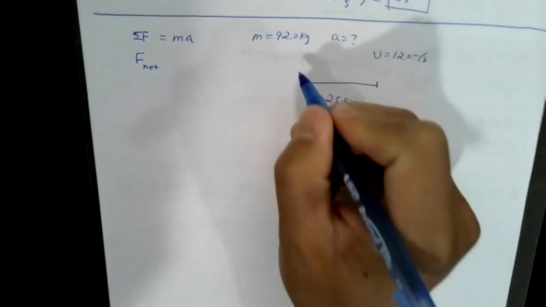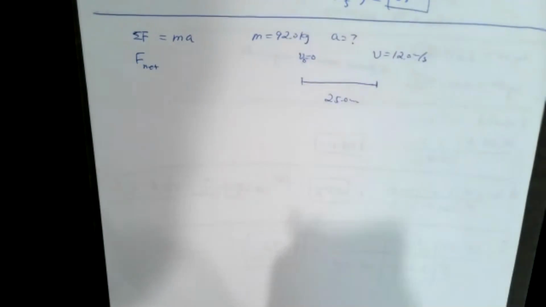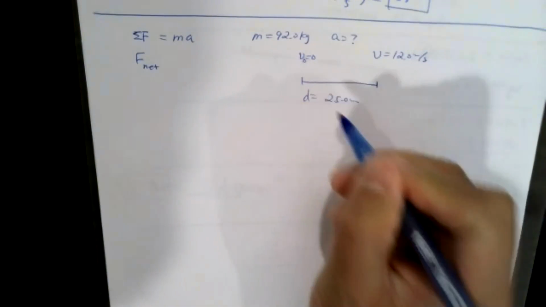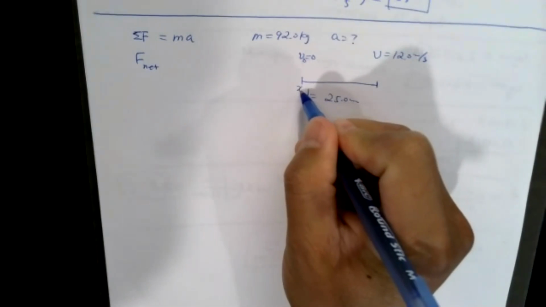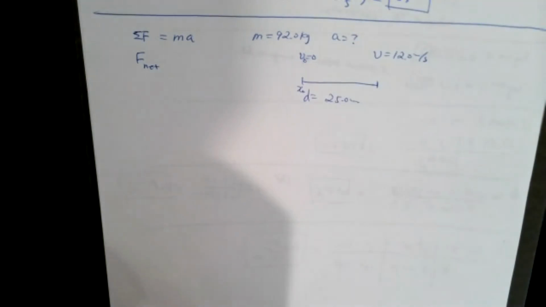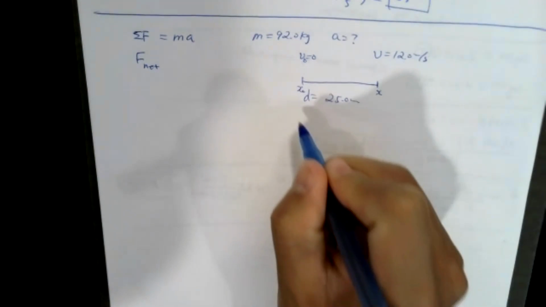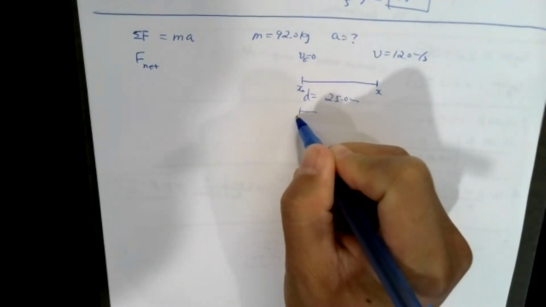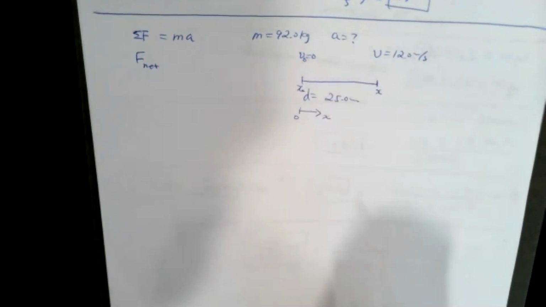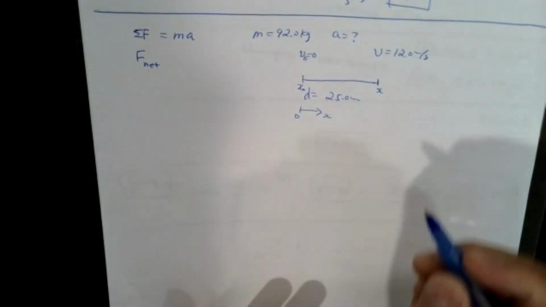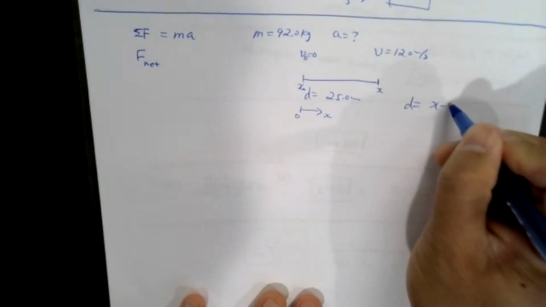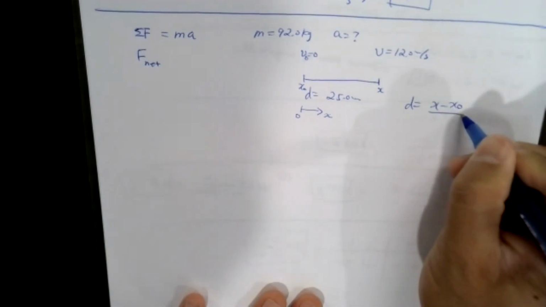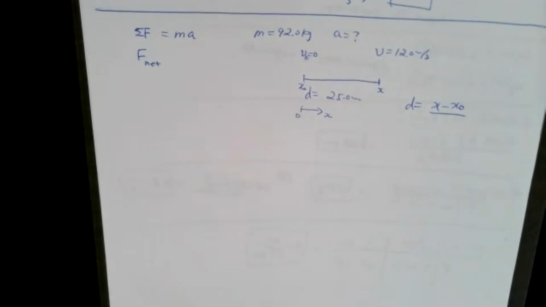That's the final velocity, and the initial velocity should be 0. This is the distance traveled. If you put the original position as x naught and the final as x, you can set your origin at the initial position. Then d will be equal to x minus x naught, and x minus x naught is 25.